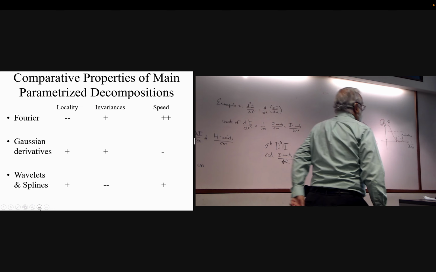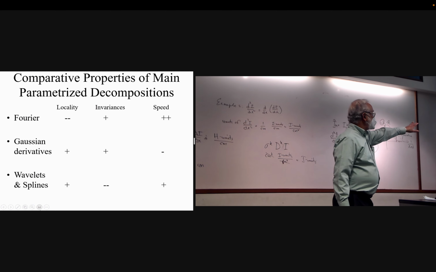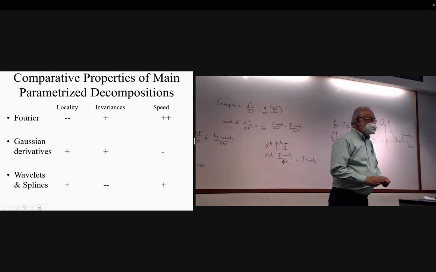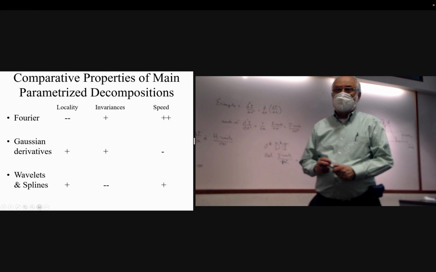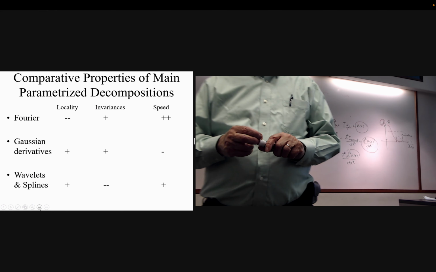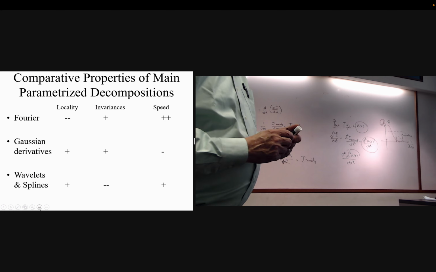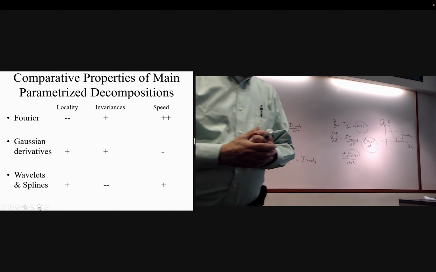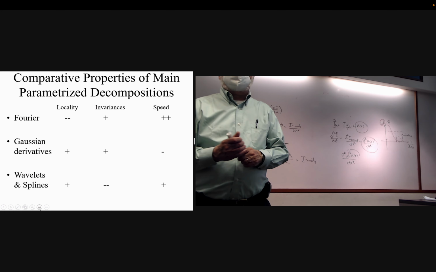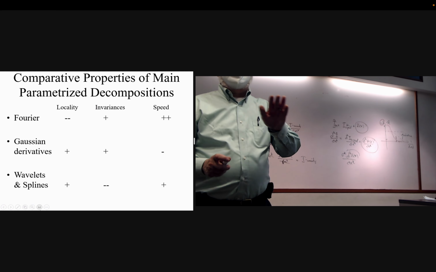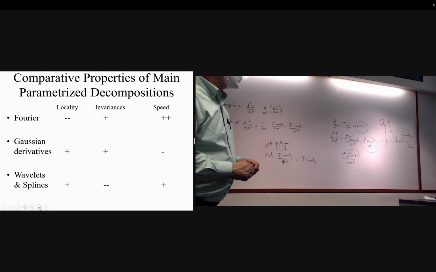But now we can do that with locality. And the wavelets and splines, the wavelets, whether we're talking about the Gabor wavelets or the orthogonal wavelets, and splines. And we're going to see a connection between the wavelets and splines later.